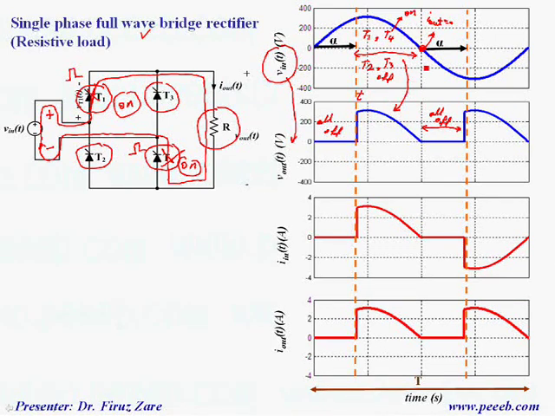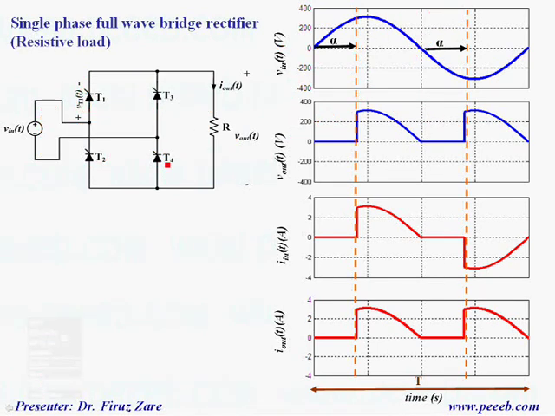Now in the second half cycle, with respect to this zero crossing, again we apply gate signal to these thyristors. So what happens here? Again, we can turn on this thyristor.